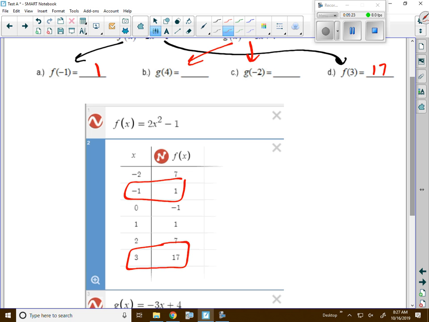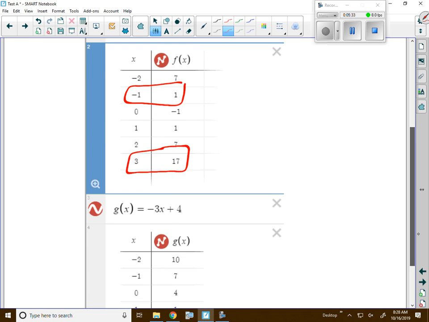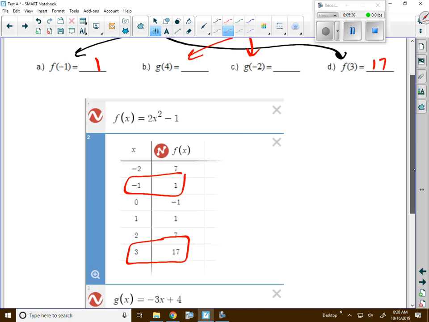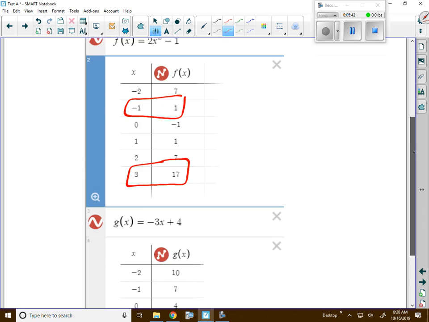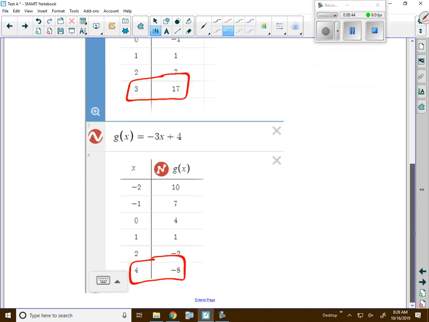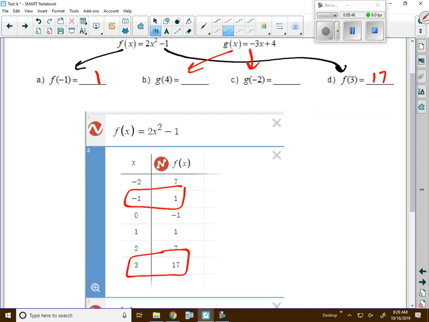Now, that 3 did not show up when I first put my table in. I had to enter that 3 and it had to tell me. So you can add lines there if you were not here when we talked about that or if you forgot that part. Okay, and then g of 4 corresponds to -8 and -2 corresponds to 10.